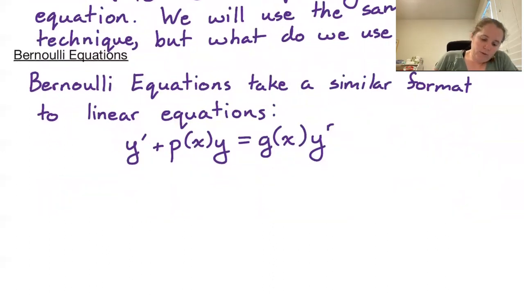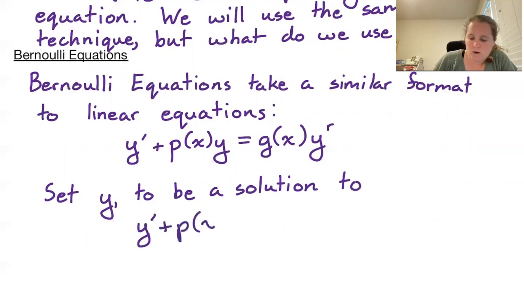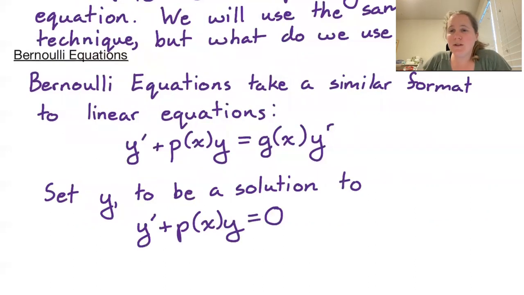What we will do is we will set y1 to be a solution to the equation y prime plus p of x y equaling 0, what would be the homogeneous equation if we were linear, right?